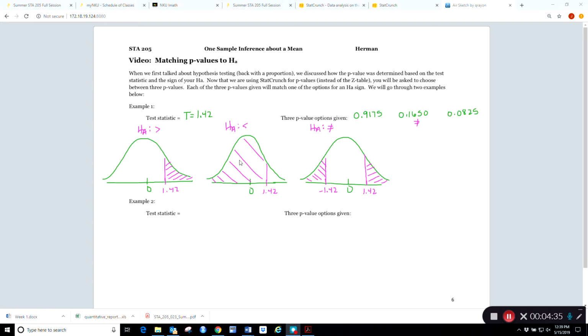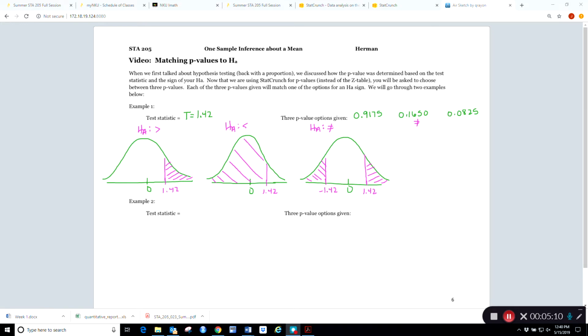If I look at my 2 one-tailed pictures, you're going to notice that one is always going to be smaller than 50% and one will be bigger than 50%. Because if I had everything to the right of 0 shaded, that would give me 50% or 0.5. Versus if I have more than half of it shaded, it's going to be bigger than 50%. And if I have less than half of it shaded, it's going to be smaller than 50%. So notice how with these two numbers, one is bigger than 50% and one is smaller than 50%.